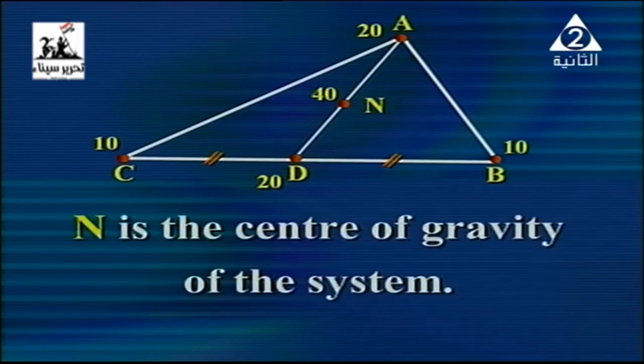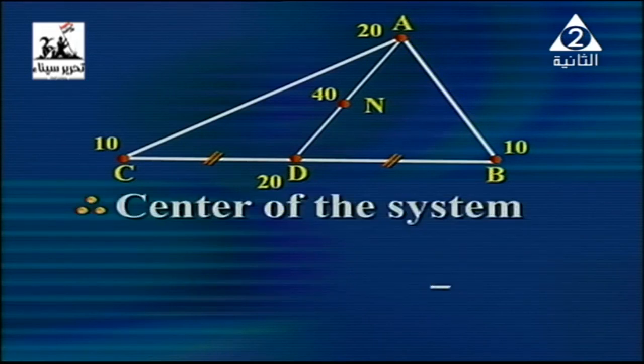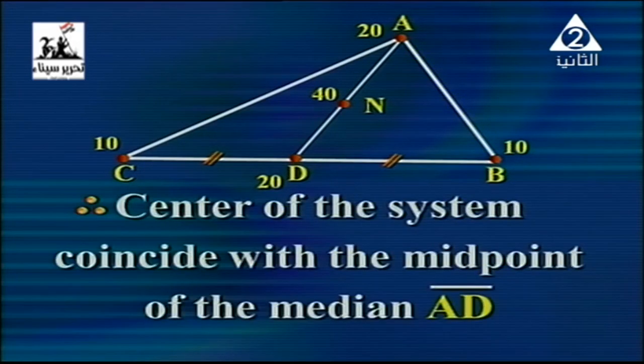N is the center of gravity of the system. Then the center of the system coincides with the midpoint of the median AD. Therefore, we prove that the center of gravity of the system coincides with the midpoint of the median AD.